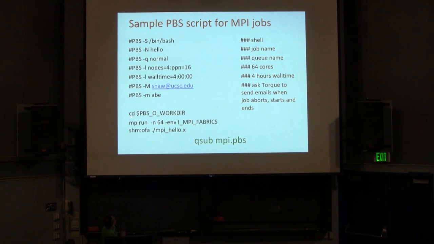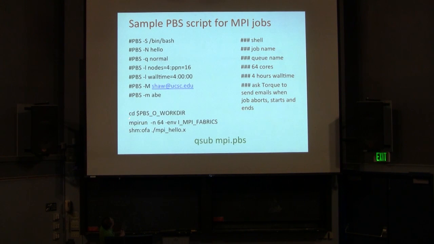Now this is very important, right? When you submit your job, you're actually on the master node, Hyades. But when your job actually gets to run, this script will be running on one of the compute nodes.